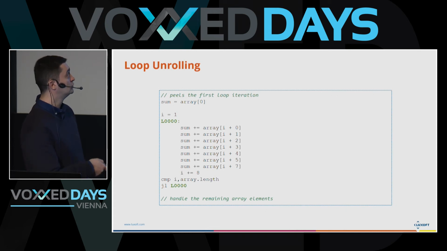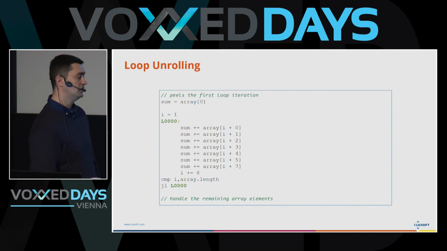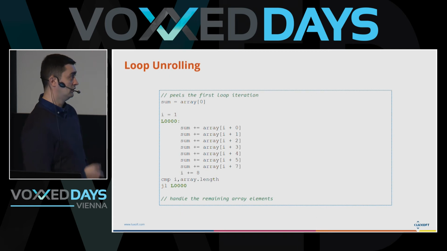If I put it into pseudocode, it looks like this. The loop peeling is the first iteration, and from the counter of 1, it does 8 additions in parallel. And here at the bottom, it handles the remaining sum operations.